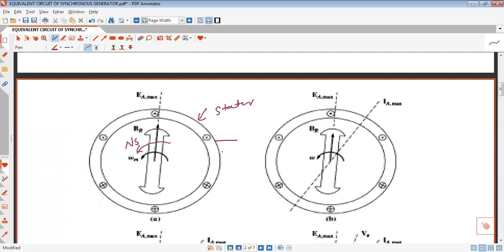Here this is a stator, and three phase windings are placed in the stator, and three phase output connections are given here.